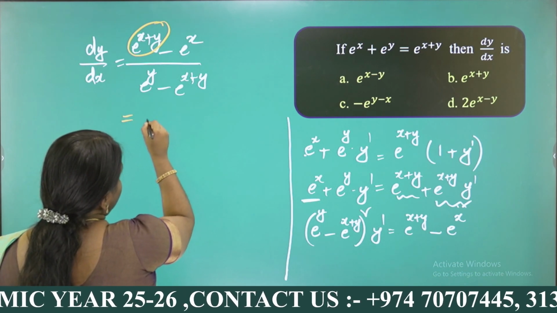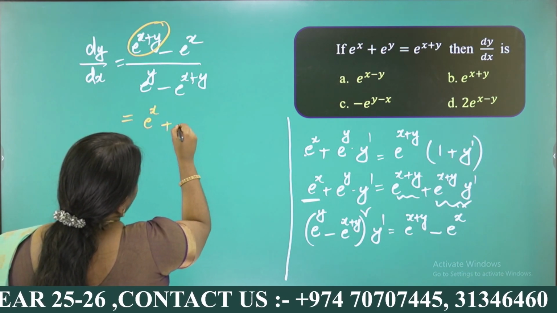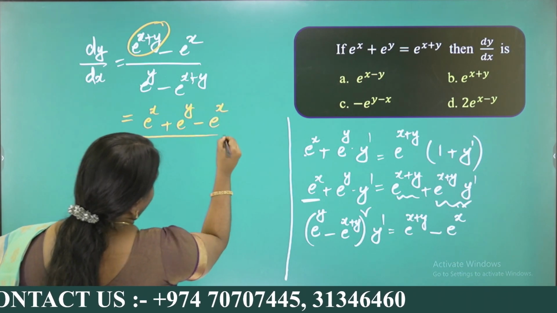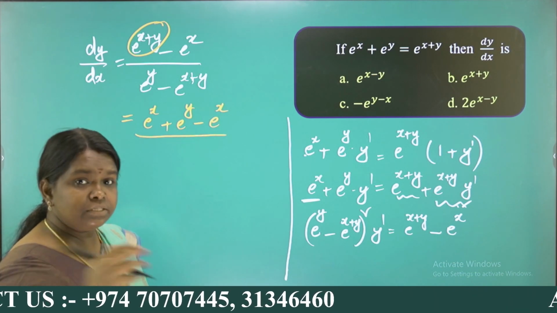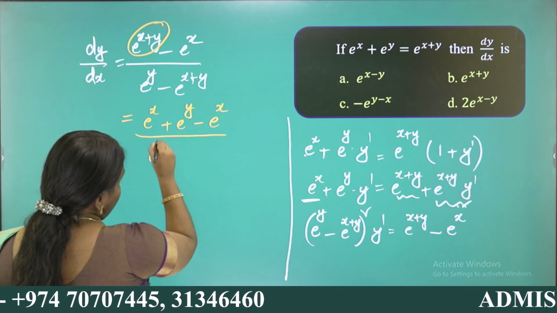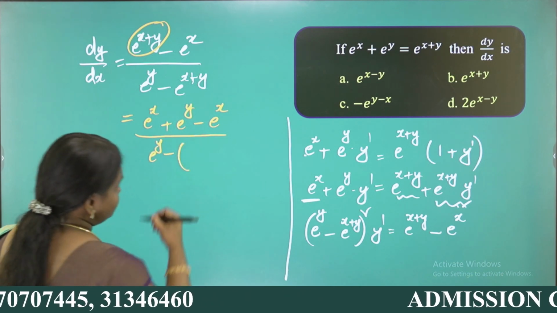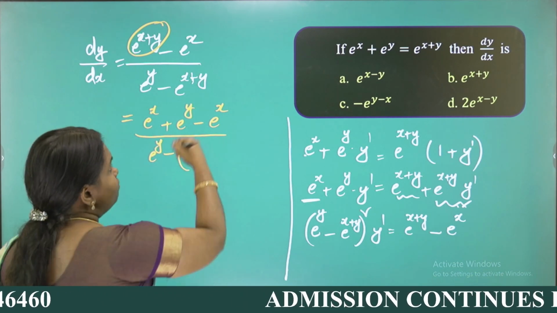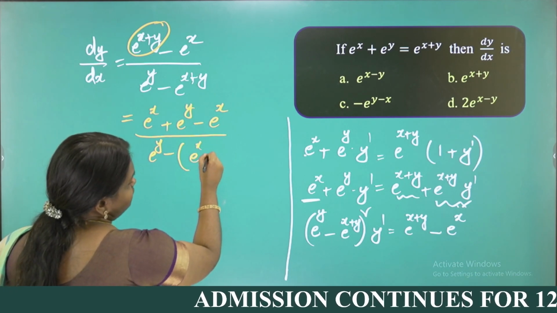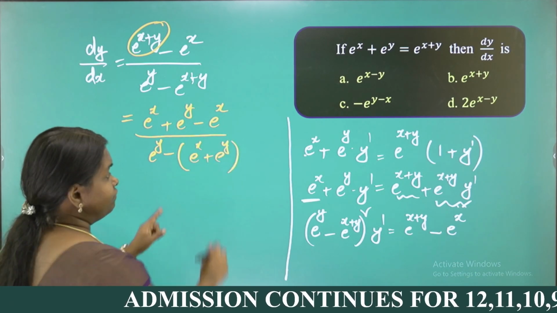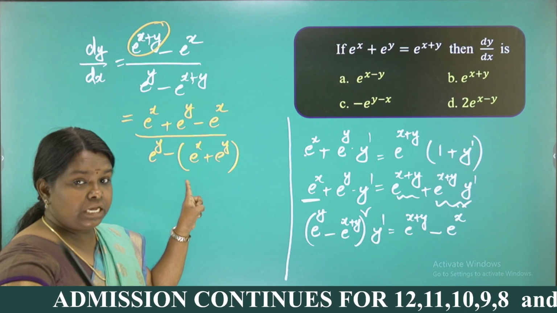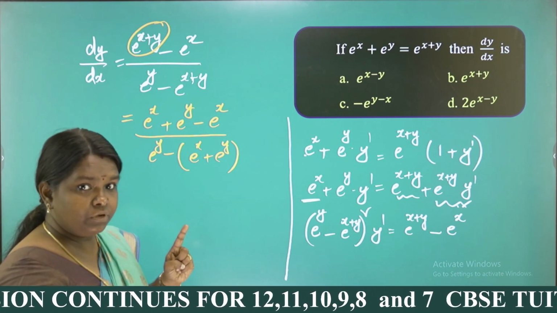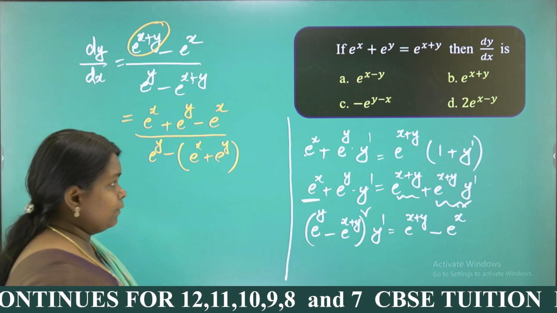So you will get (e^x plus e^y minus e^x) divided by the denominator, same thing: e^y minus, very dangerous, you have to put a bracket, (e^x plus e^y). If you don't have a bracket, there is a chance of making errors, so please put a bracket after a negative if you have more than one term.